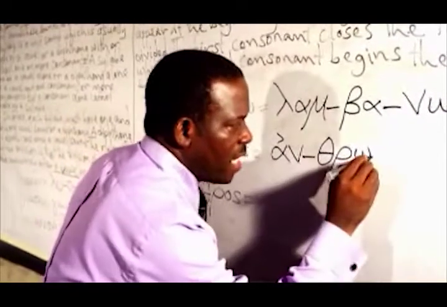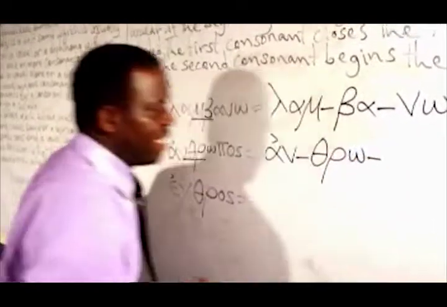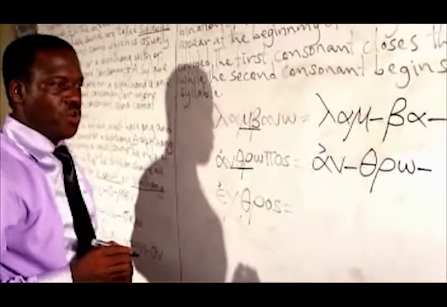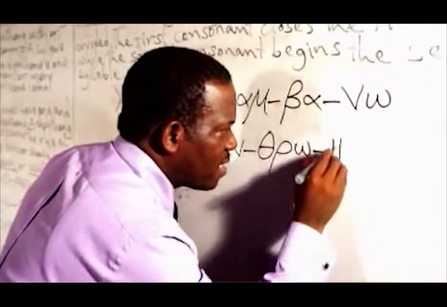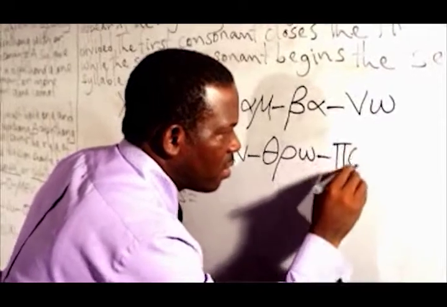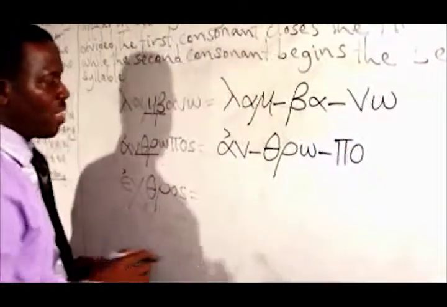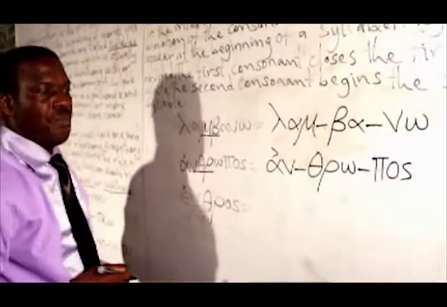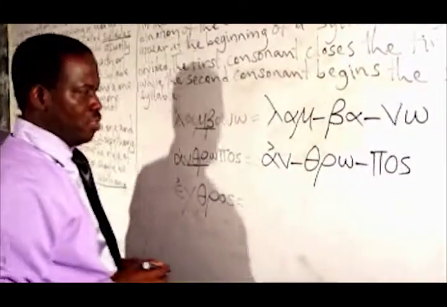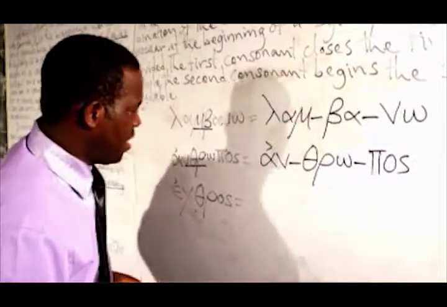Then after the vowel omega, you draw the line again: an, thro. Then we come to the last syllable: pi, omicron, and sigma. An, thro, pos. Three syllables.